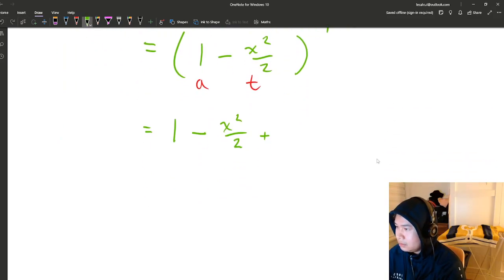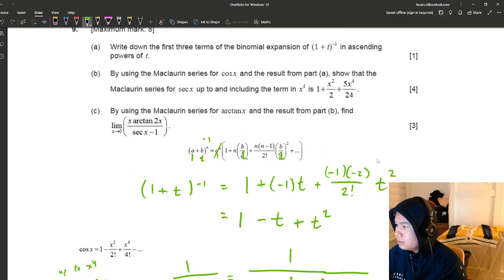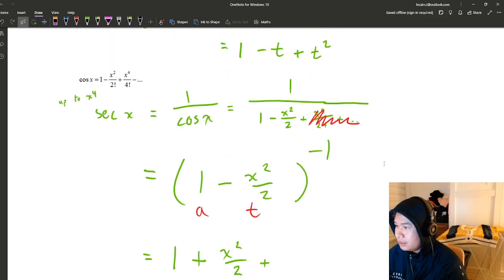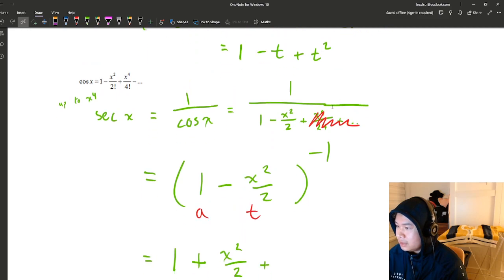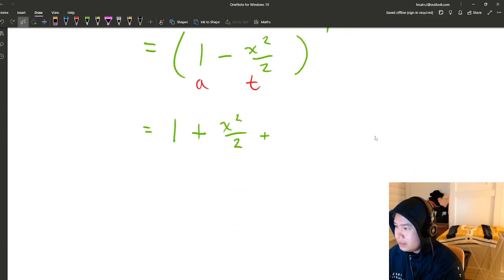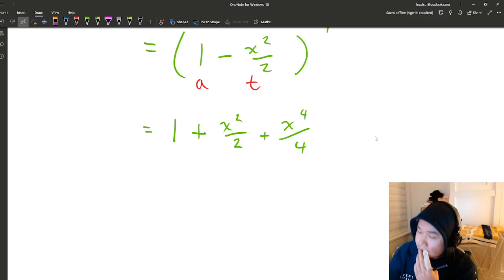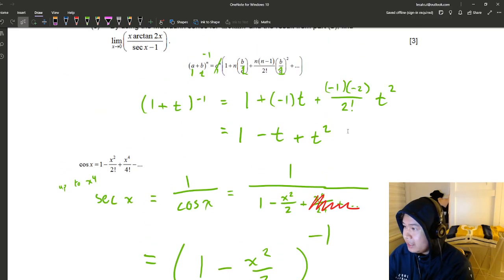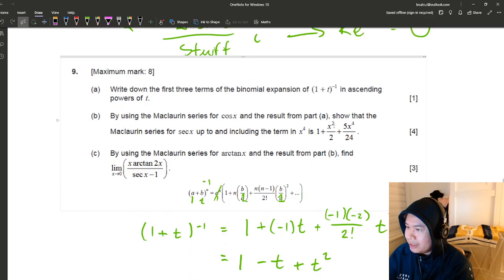Okay. Well, we'll just keep going for now. I think this is a plus. And then we're going to square t squared. So I have x to the power of 4 over 4. But that's not what I want, because they already tell me what it should be. So I messed up this part.